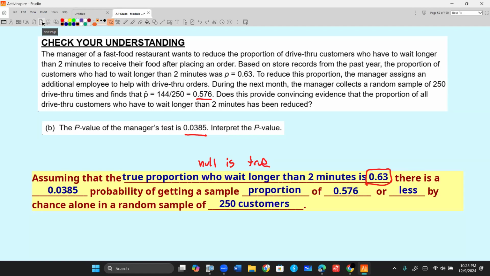Assuming the true proportion who wait longer than 2 minutes is actually 63%, there is a 0.0385 probability of getting a sample proportion of 0.576 or less by chance alone in a random sample of 250 customers. Assuming the null is true, the probability of getting that sample or more extreme by chance alone, that's what the p-value is.